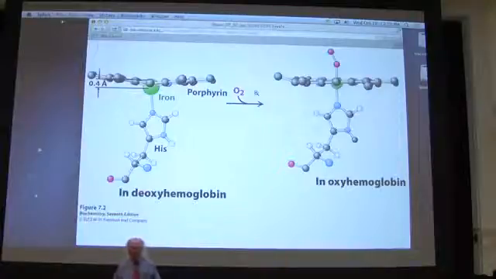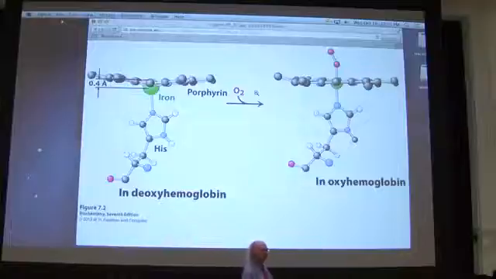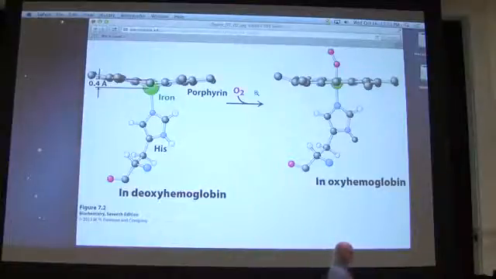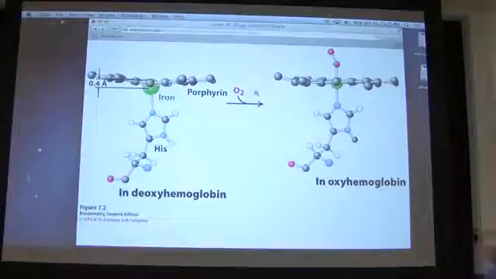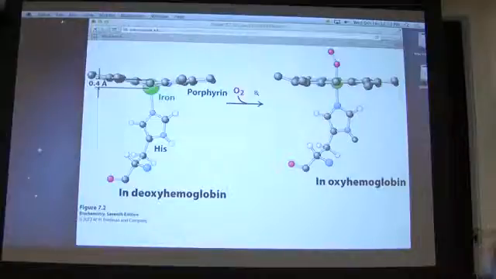This one thing I'm going to show you today is the smallest possible movement you can imagine, and without this very small movement occurring within hemoglobin, your life as an animal would not exist. Okay? This is one of the most important things we can think about with respect to structure and function. We've been talking about how structure is important for function. Hemoglobin's going to bring it home to you.